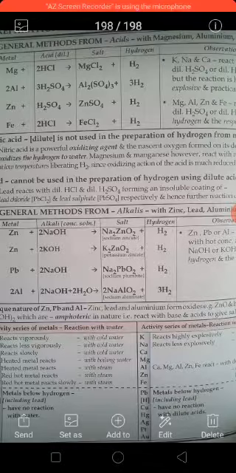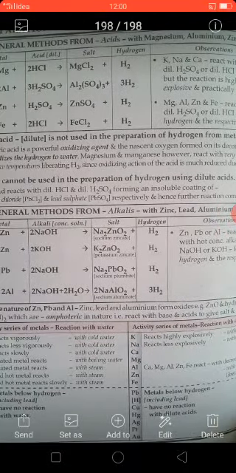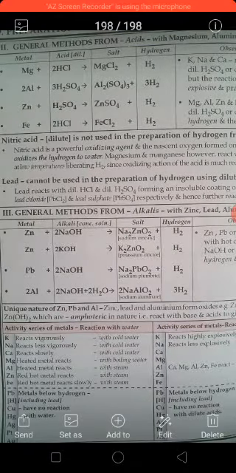If you want to see the radicals of zincate, plumbite and aluminate, you can go to the first chapter where the radicals are given with their valencies, and from that you can practice how to write these reactions, which I did already in the classroom. So sodium zincate, sodium plumbite, and sodium aluminate. Very, very important reactions. Three important reactions: zinc, lead, and aluminium.